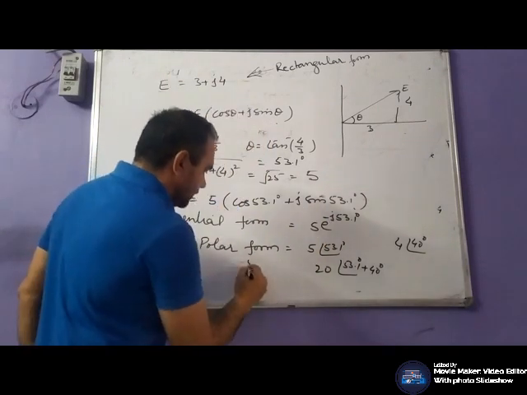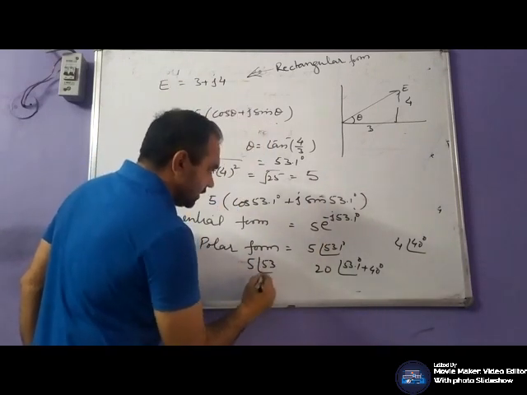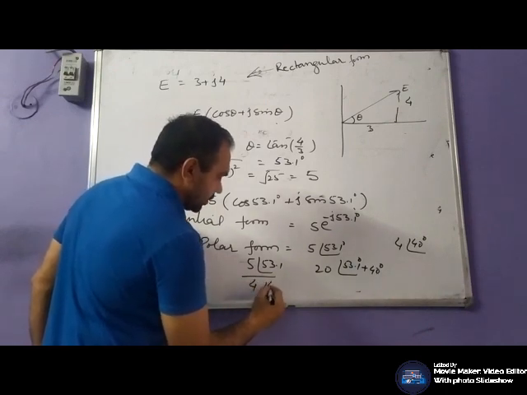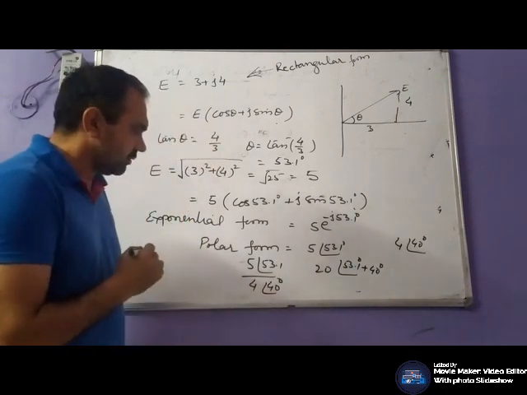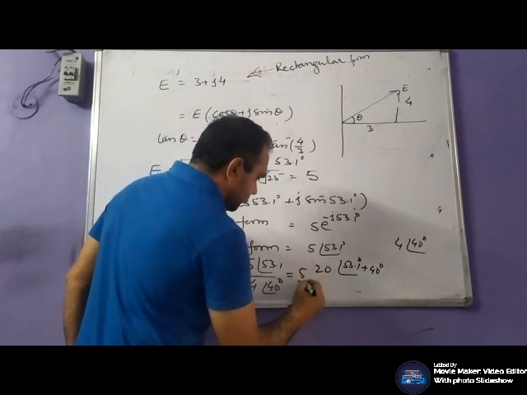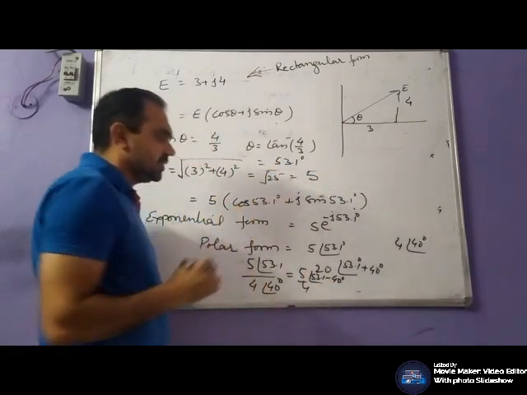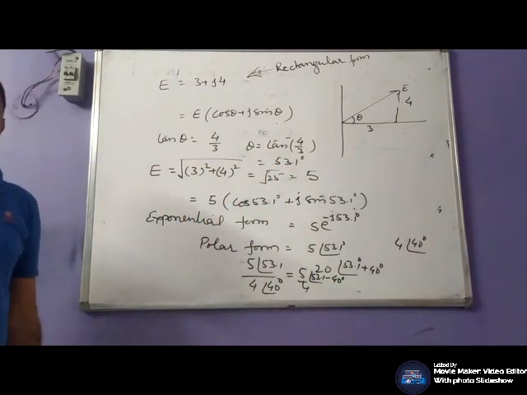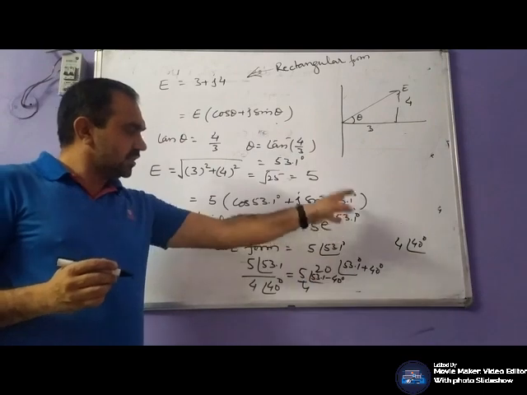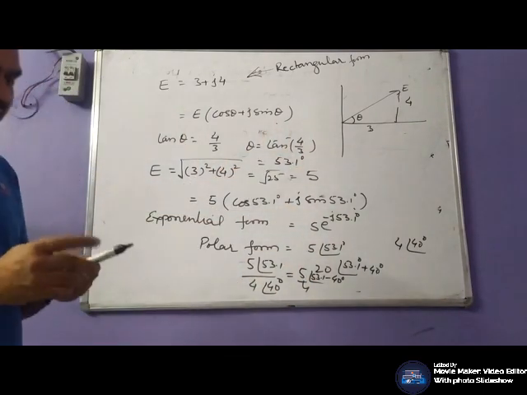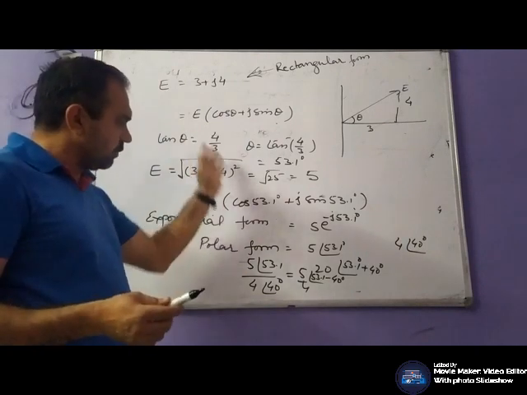Division: 5 angle 53.1 and 4 angle 40 degree. So what would be the division? 5 by 4 angle 53.1 minus 40 degree. So that makes the calculation easy. That is the application of representing phasors or alternating quantities in terms of complex nature.